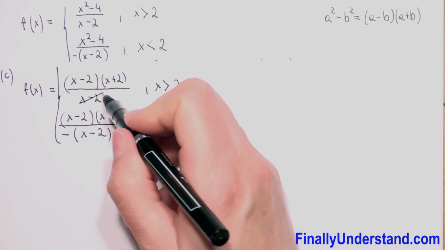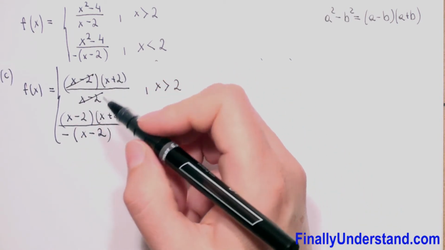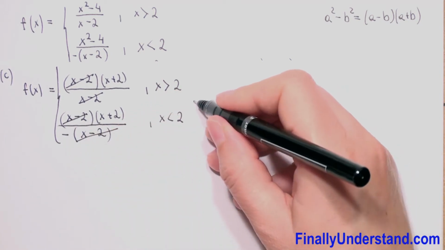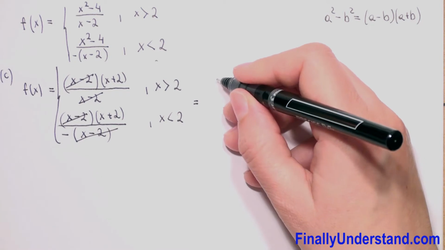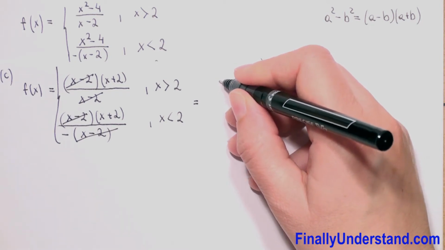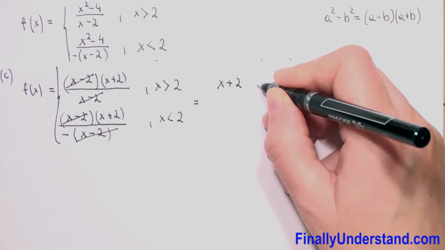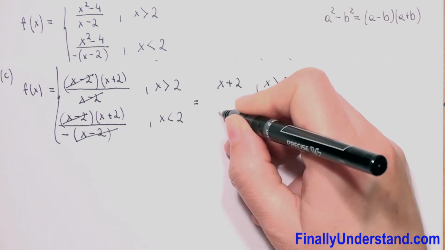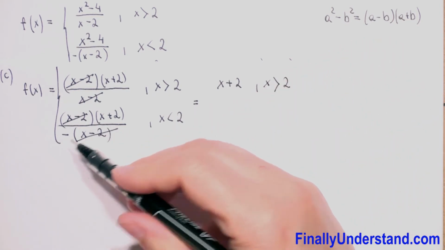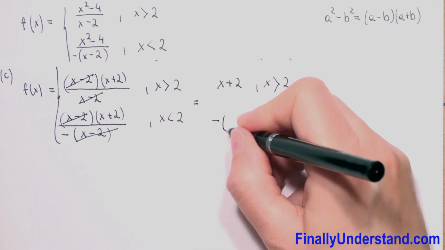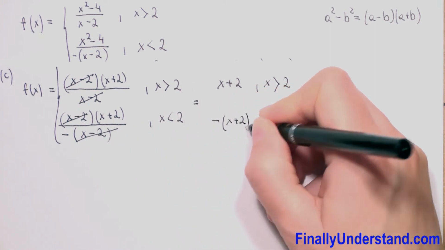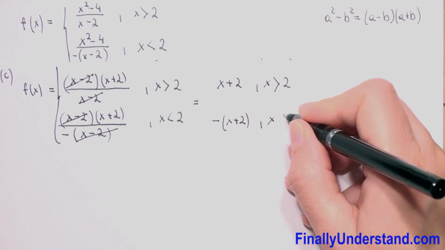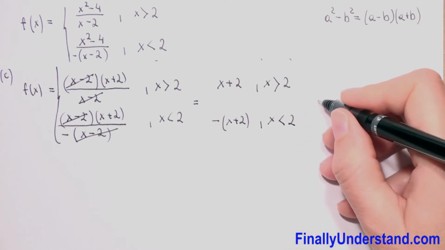We can reduce x minus 2 and x minus 2 in both parts. So our function will be x plus 2 if x is greater than 2, and we have positive over negative, which will be negative (x plus 2) in parentheses when x is less than 2.